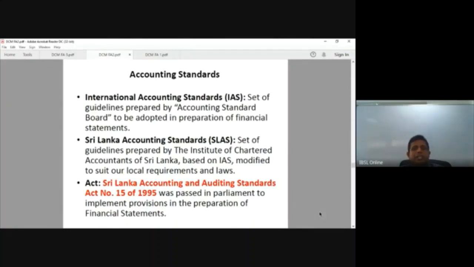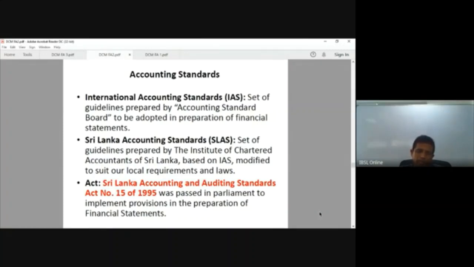In our case, we have an act called Act No. 15 of 1995. I already mentioned this act, and it gave all the powers to the Institute of Chartered Accountants of Sri Lanka to implement these accounting standards.